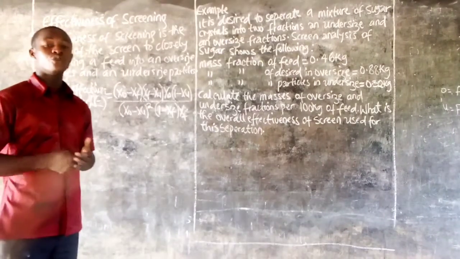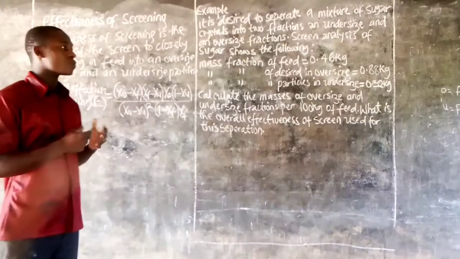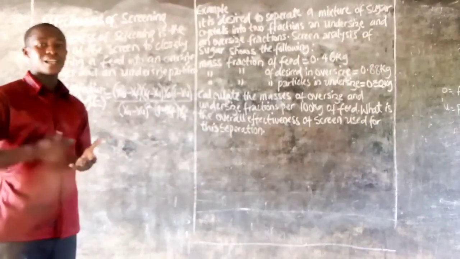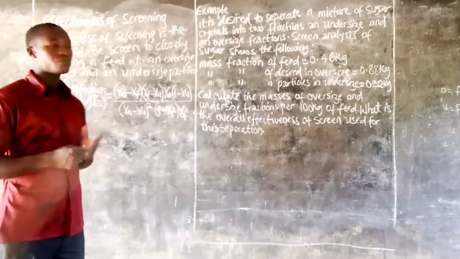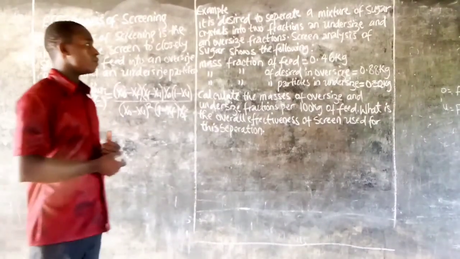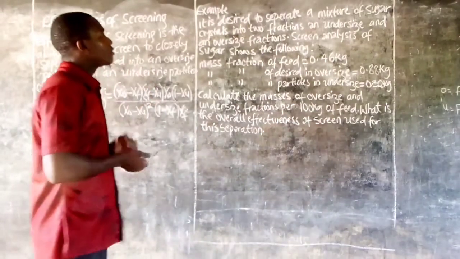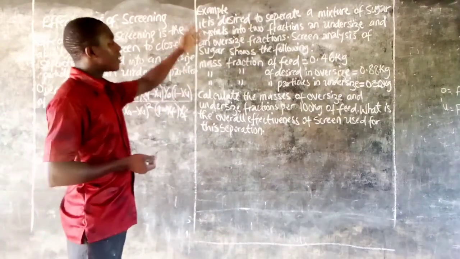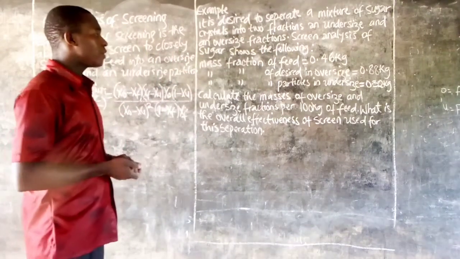We could also develop the formula to calculate the amount of undersized and oversized material in a feed. With the example we have here, we are going to calculate just like what the question says.